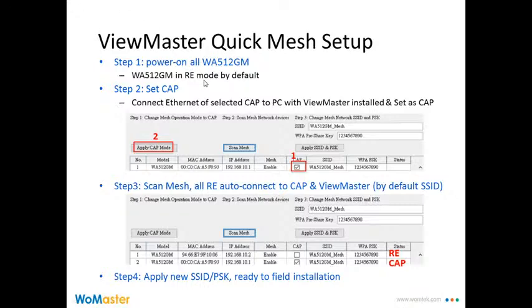First, we need to power on all of the WA512GM devices, and the default setting is RE mode. RE means range extender. Second, we need to pick one RE from them as the CAP.